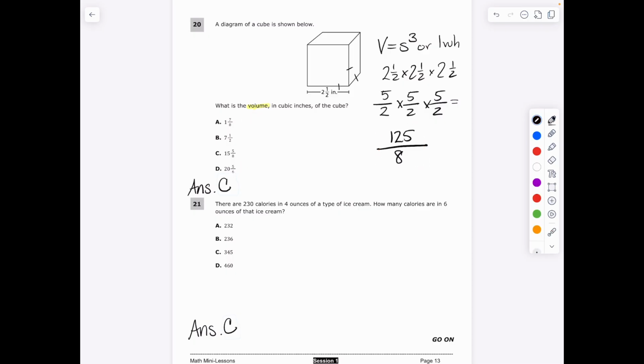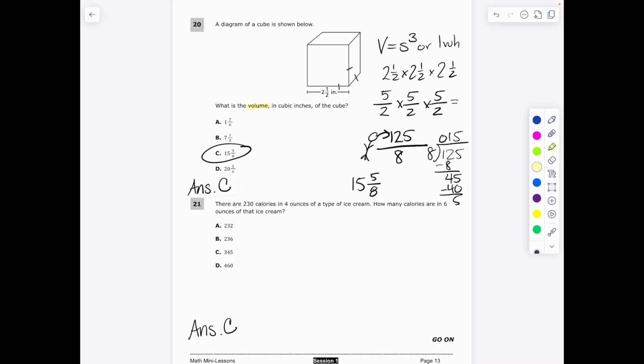So we're going to use division. So remember, we're going to knock this guy over. This says 125 divided by 8. 8 goes into 12 one time. 8 goes into 45 5 times. And my remainder is 5. So I'm going to write this as 15 and 5/8, which, bam, there it is, C. Okay, jot that one down into your notes, and let's go to 21.